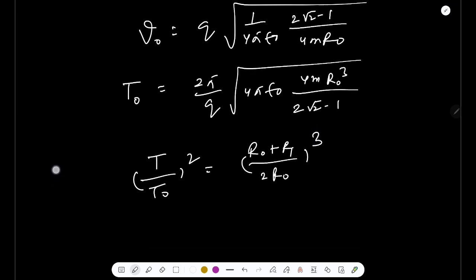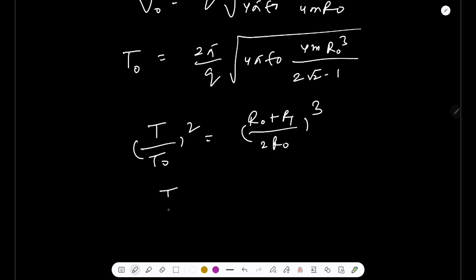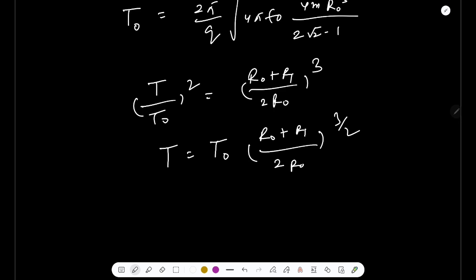And then you can get the value of T, the required time period, that is T naught times ((r naught plus r1) by 2 r naught) to the power 3 by 2.